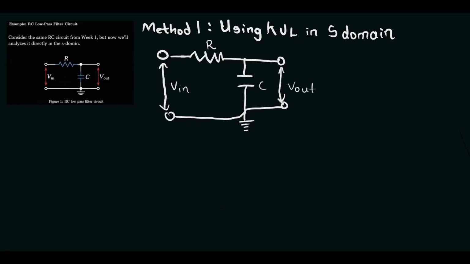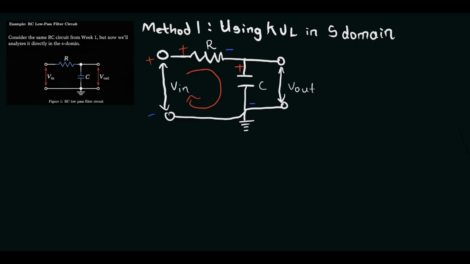So this is our first method, using KVL to solve it. This will be positive, positive, positive, negative, negative, negative.